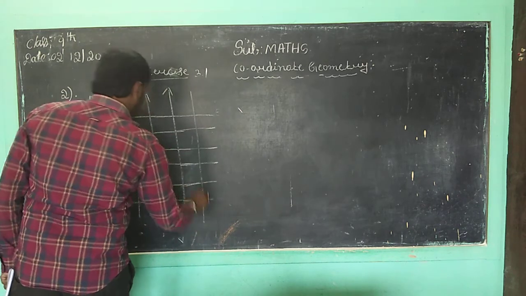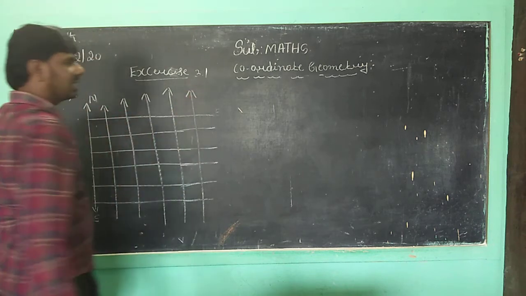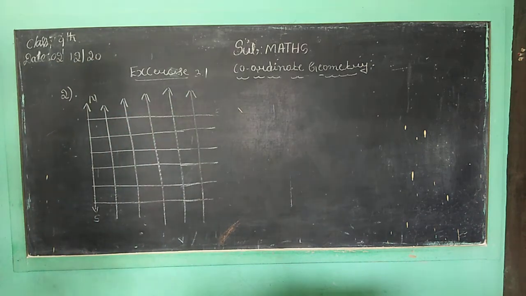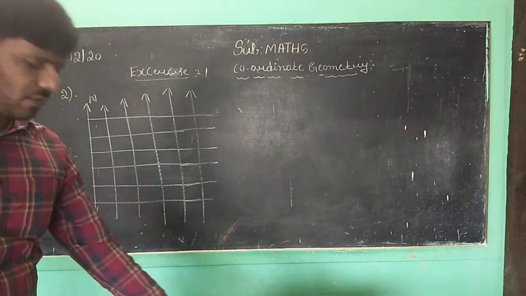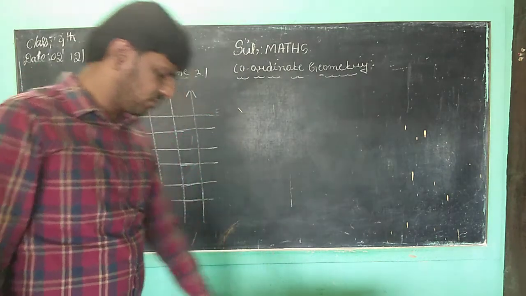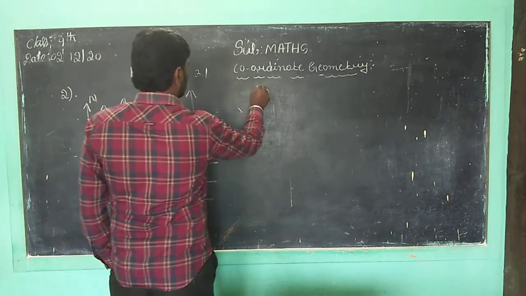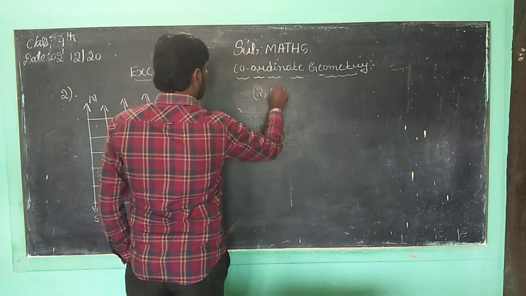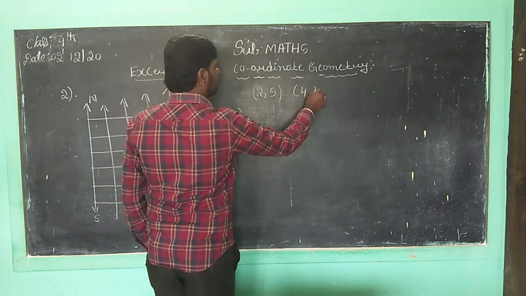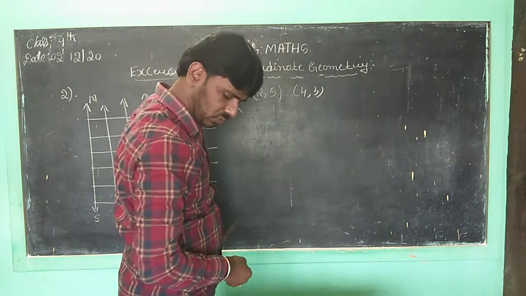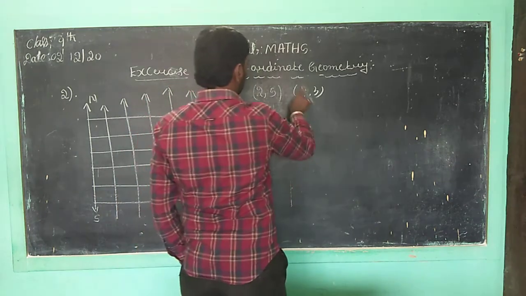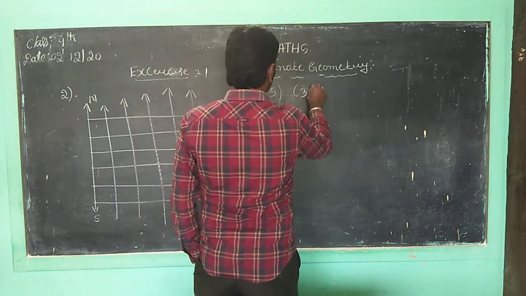This is also the fifth street. Now we want to take this one also. How can you represent it? The coordinates are 2, 5 and 4, 3. And according to that, 3, 4 and 4, 3.